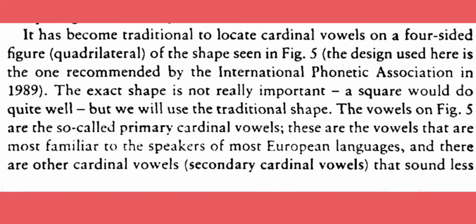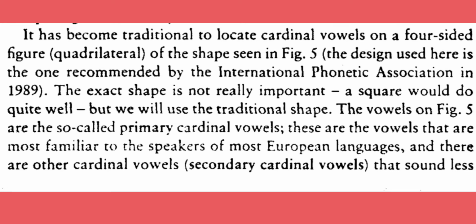It has become traditional to locate cardinal vowels in a four-sided figure, a quadrilateral of the shape seen in figure 5. The design used here is the one recommended by the International Phonetic Association in 1989. The exact shape is not really important, a square would do quite well, but we will use the traditional shape.